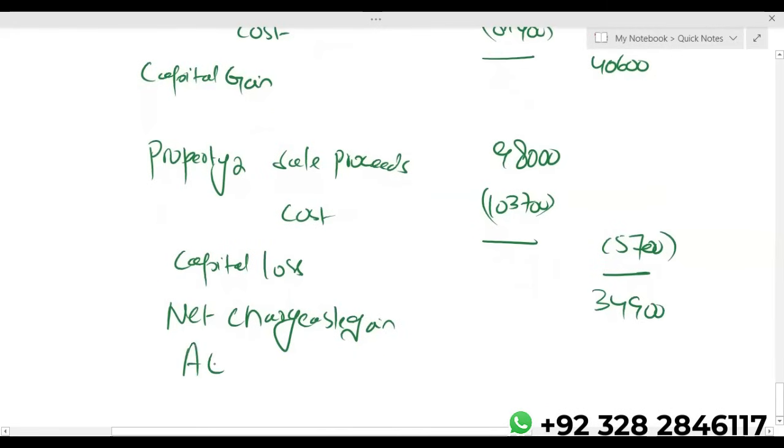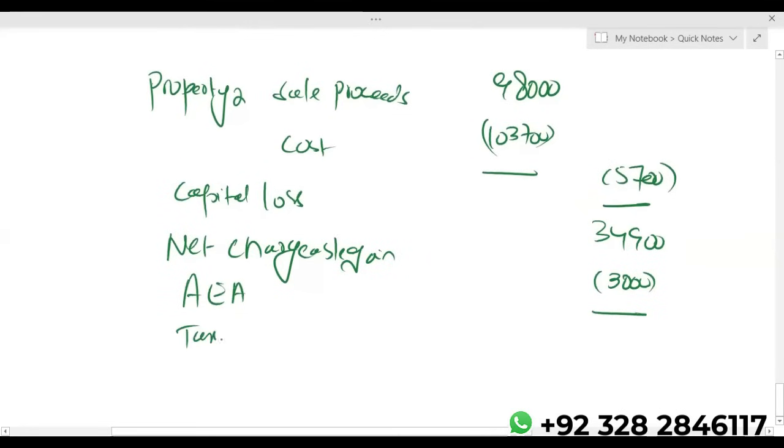Annual exempt amount is 3,000. Taxable gain 31,900. My question is, students, what is the relevant CGT rate for this 31,900? Tell me the relevant capital gain rate for this 31,900.